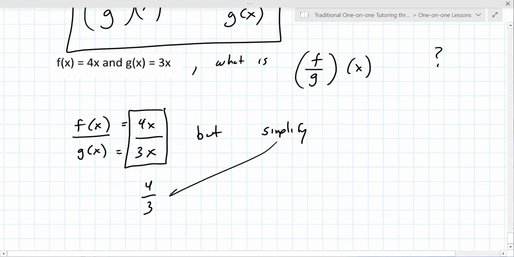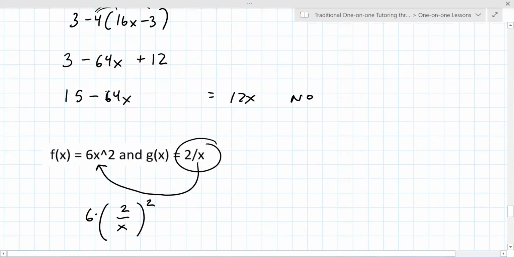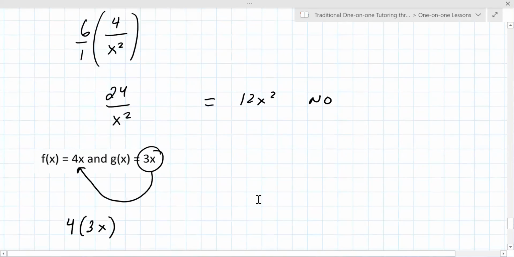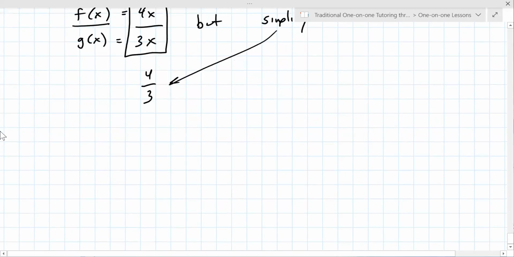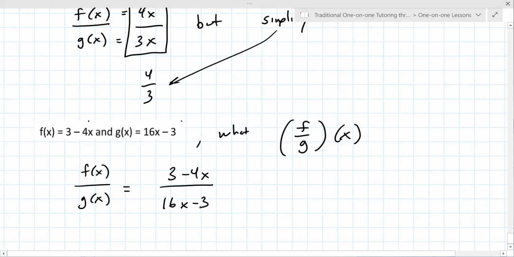This one's simplified, so it's not a great example. Let's go back to this first one, which does not simplify. This is the more common case that you would see. You would say, comma, what is f over g of x? So it's literally f of x divided by g of x, which is 3 minus 4x over 16x minus 3.